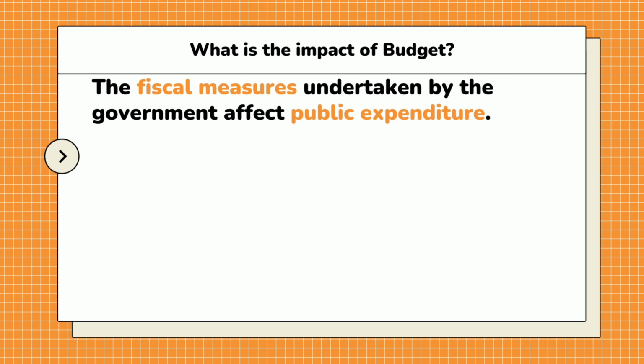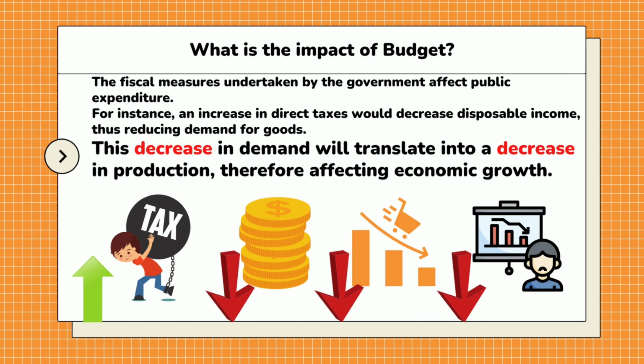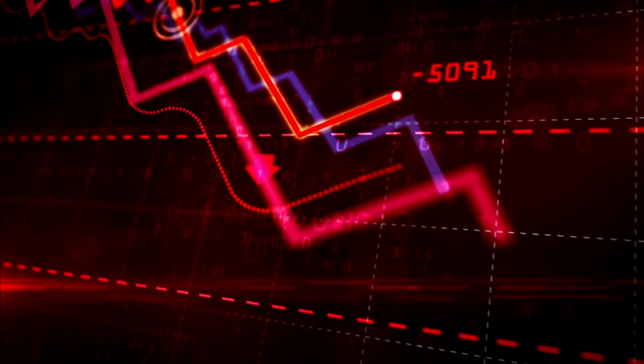The fiscal measures undertaken by the government affect public expenditure. For instance, an increase in the direct taxes would decrease the disposable income, thus reducing demand for goods. This decreased demand will translate into decreased production, therefore affecting economic growth.